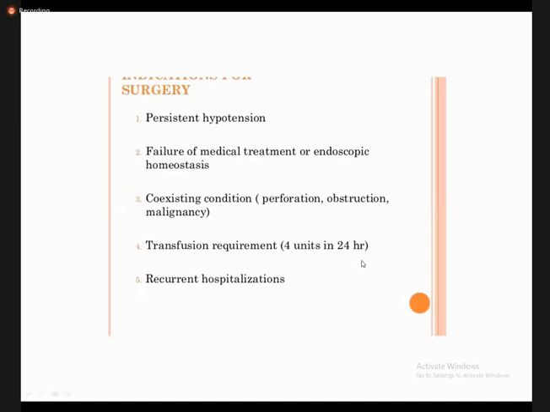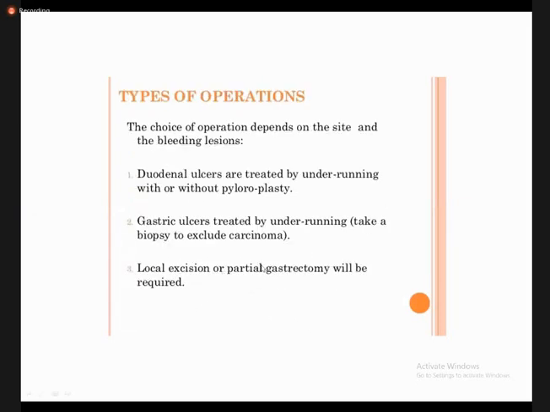If we are unable to control the bleeding, then refer to surgery. Or recurrent hospitalization: the patient has bled, we have controlled the bleed, discharged the patient, and the patient is again coming in the same week after a few days. Again, we are treating and discharging, then again the patient is coming. So recurrent hospitalization is also an indication to refer the patient for surgery.